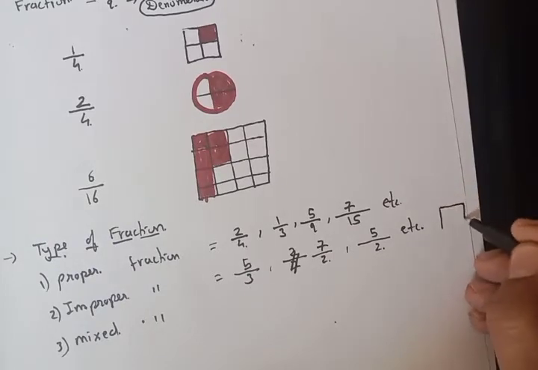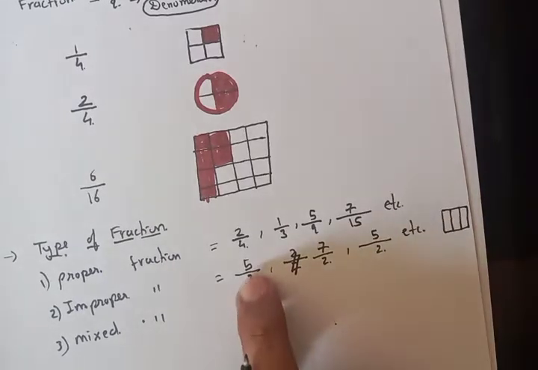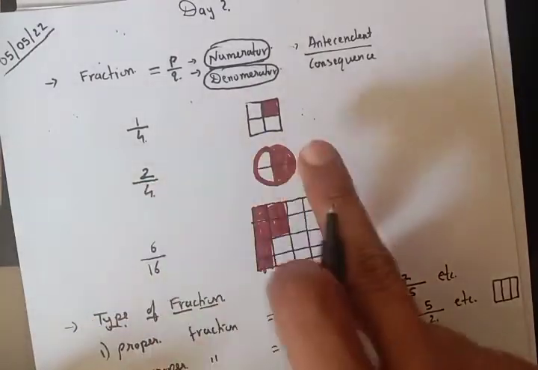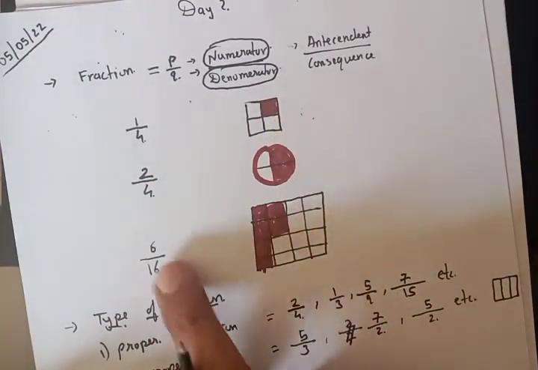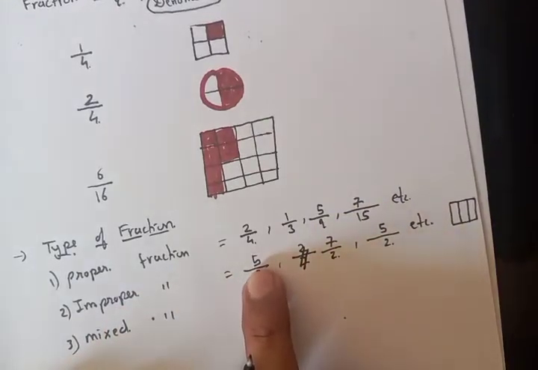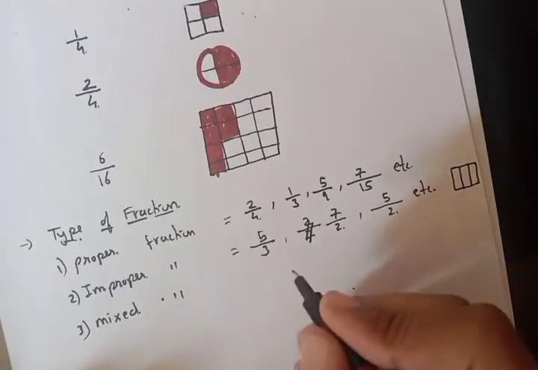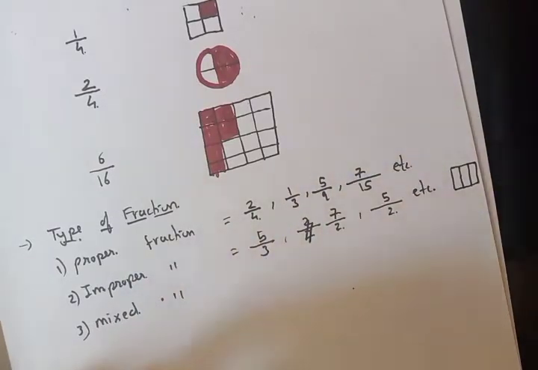In the numerator, whatever number is selected, that number we write. So in the improper fraction, the selected number is 5, but there are only 3 boxes here, so we cannot select 5. That's why we call it an improper fraction.